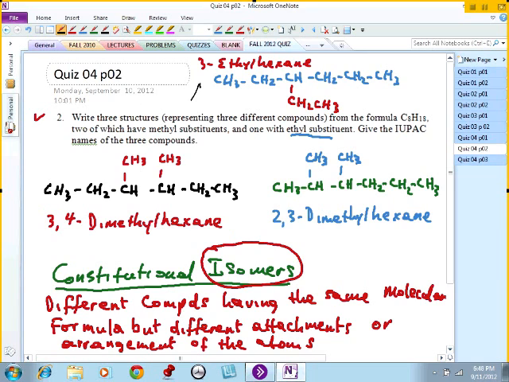Let us say this is compound A, this is compound B, right here, and this is compound C. So what we are saying here is that compounds A, B, and C are constitutional isomers. Because if you look at what we have here, they have the same molecular formula, but the attachment of the atoms is different. Okay, let me give you a further example.